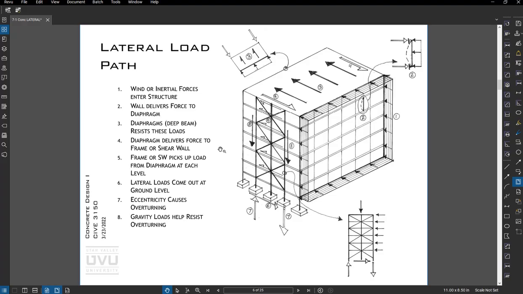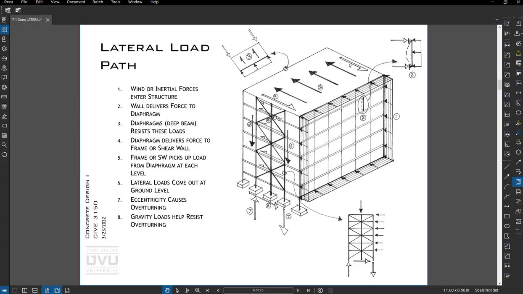Okay, so what happens is the forces enter the building. Wind may push on the building, seismic may create inertial forces in the wall, cladding, or panels. There are inertial forces in the diaphragm. Similarly, the wind forces will push on the diaphragm. Diaphragms are like big, deep beams. Those will carry the forces to the shear walls, brace frames, or moment frames, or whatever other lateral element you have.